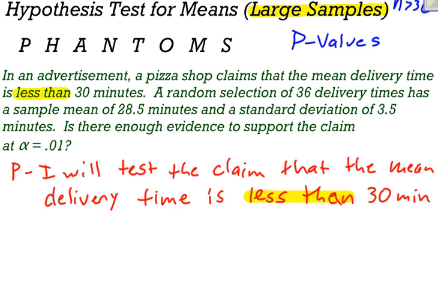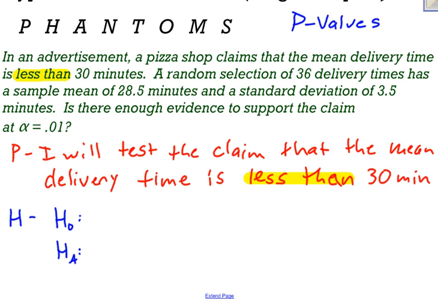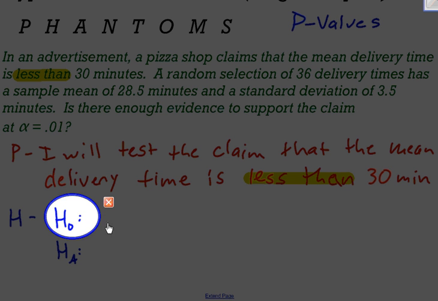So now I get to H, and H stands for the hypotheses. So I'm going to write my null and my alternative hypotheses like this. I like to start with the claim. The claim is that the mean time is less than 30 minutes. From one of my previous videos, you should know that the null hypothesis will always have an equal sign in it.